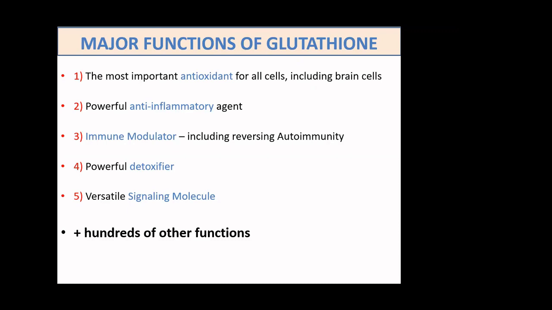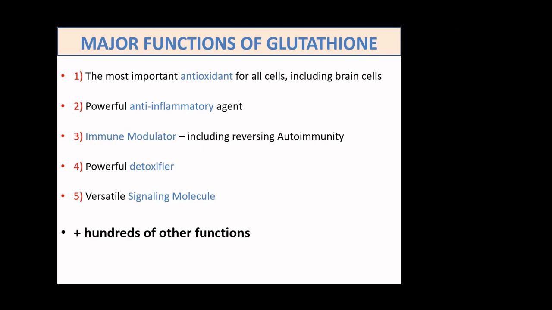You cannot be boosting an overactive immune system. It's going to cause worse problems. And it also helps normalize autoimmunity, and may reverse autoimmunity. It is a very powerful detoxifier. In fact, it is the most important detoxifier for the body. And it's a versatile signaling molecule. It's probably something you may not have heard before.